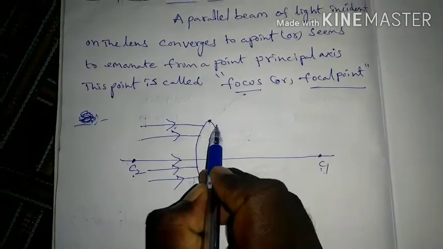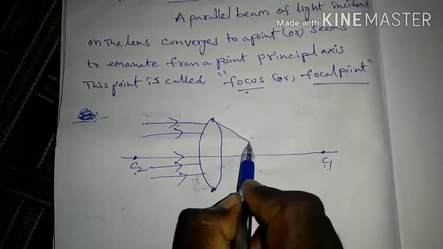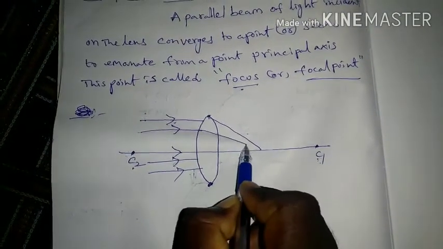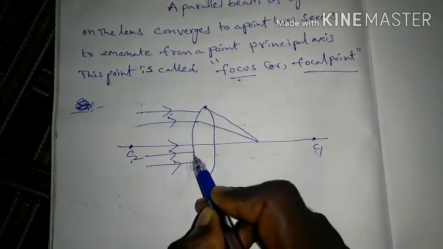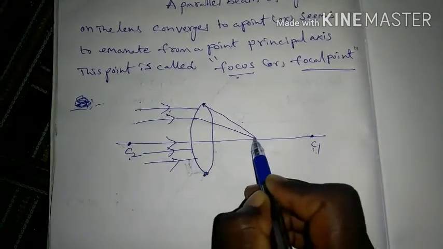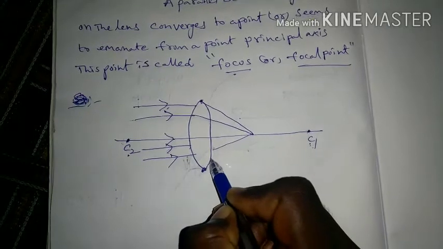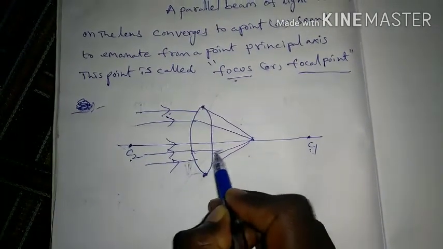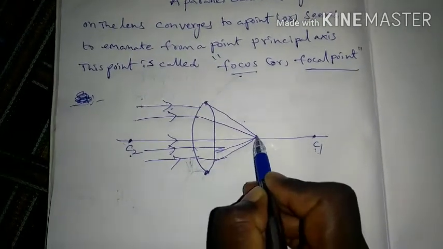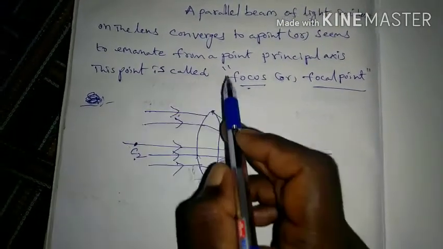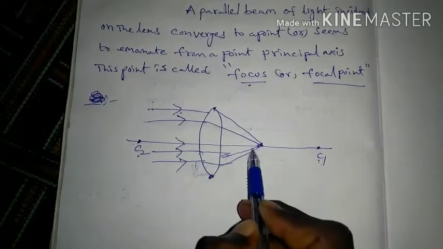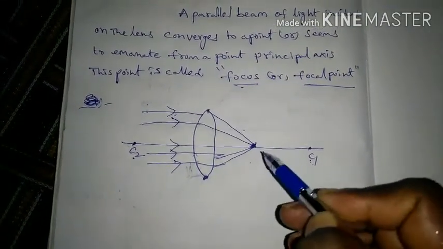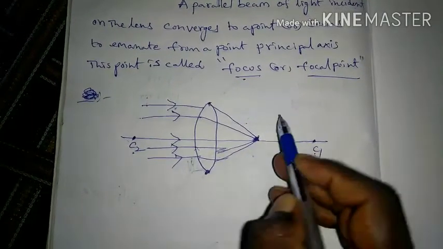Convergence means the rays come together to a point, or seem to emanate from a point.